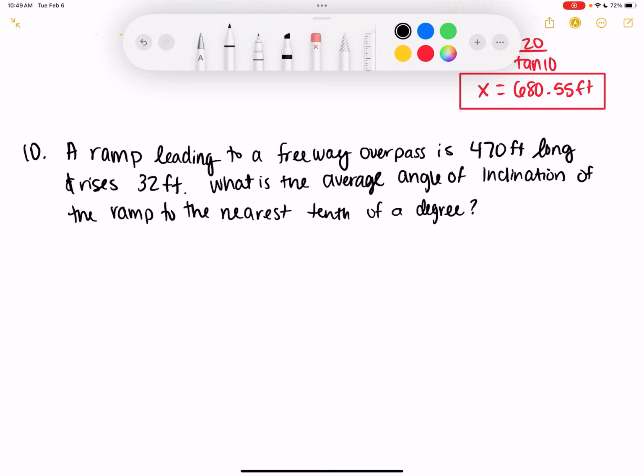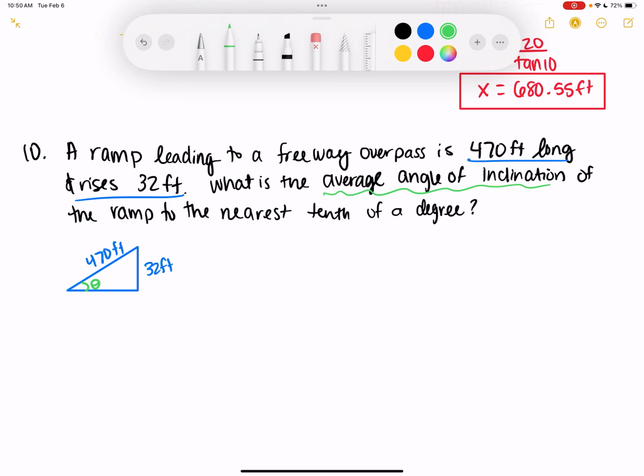All right, so got a triangle here. Rises 32 feet. The ramp is 470 feet long. So what is the average angle of inclination? This one's a little different, but that's fine.